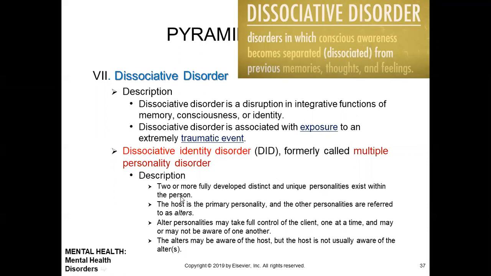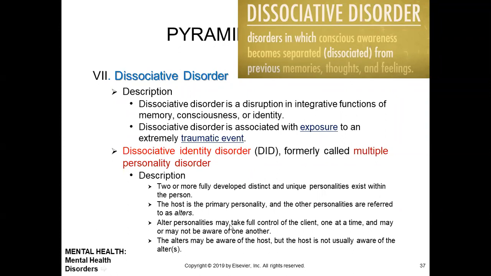The original personality is different, the new personality changes, and the patient denies the original personality. The host is the primary personality, meaning the original personality, and the other personalities are referred to as altered.